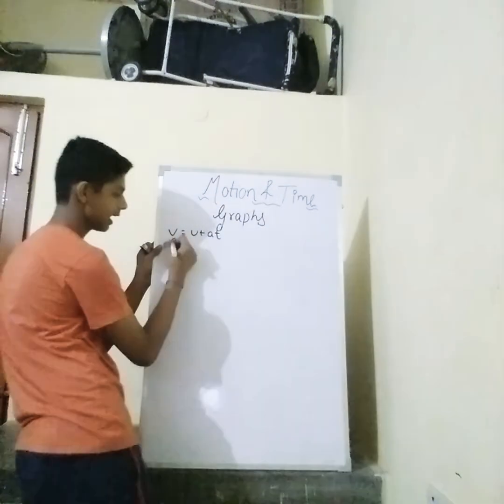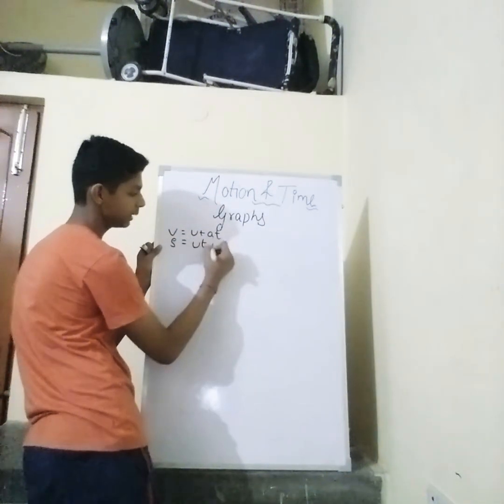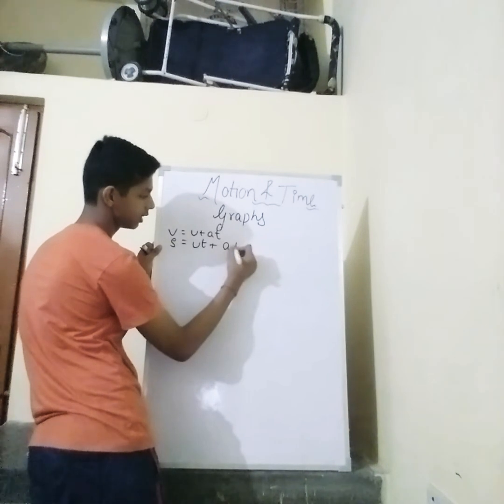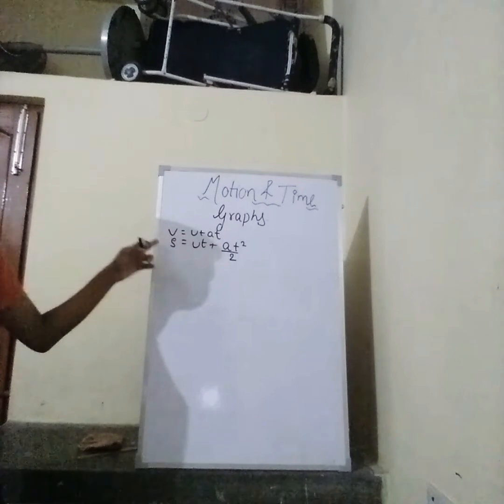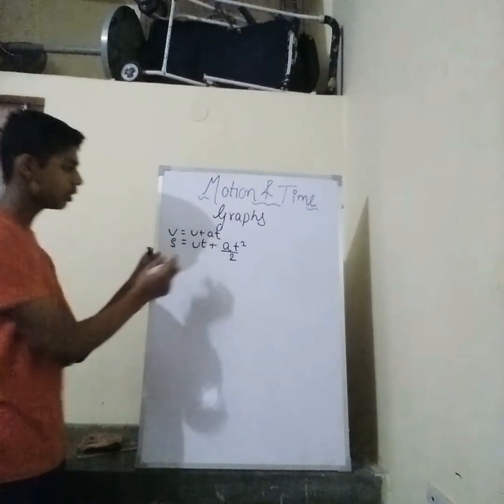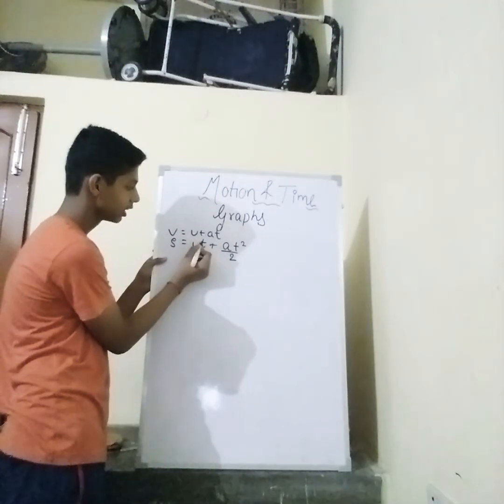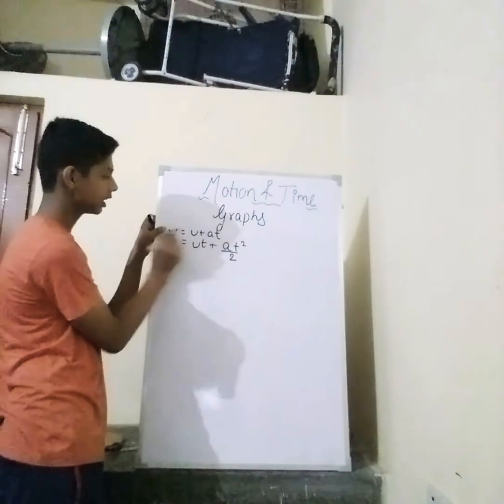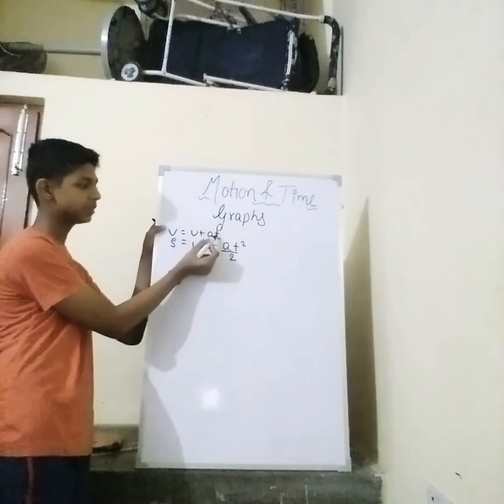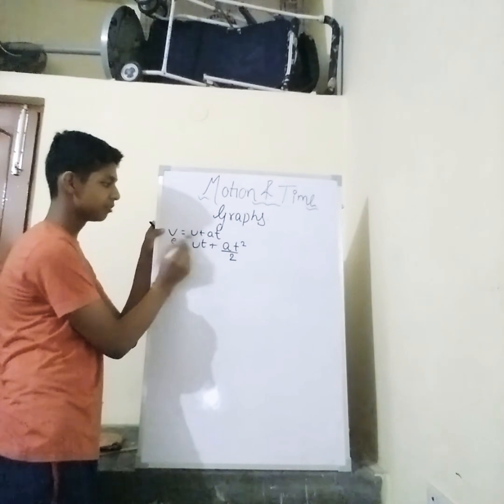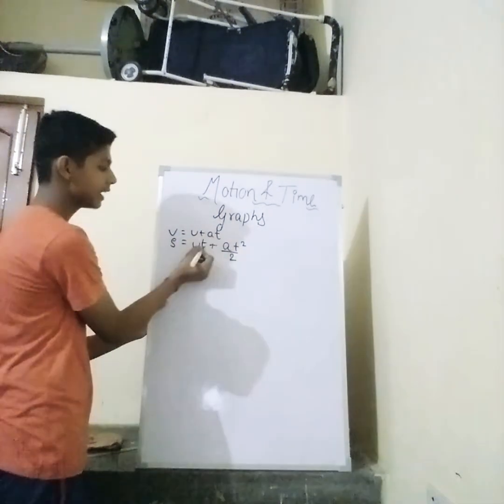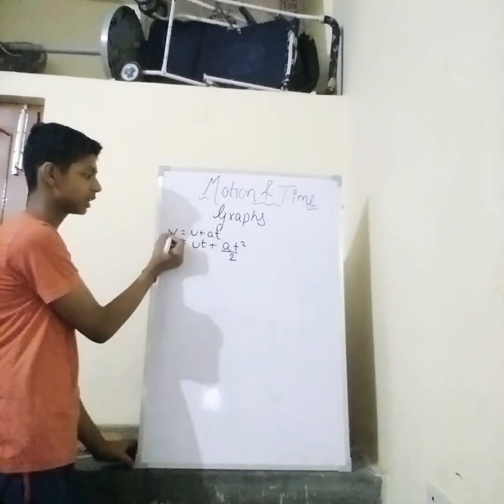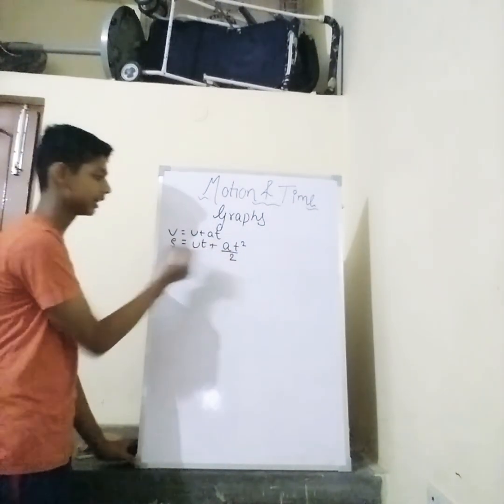Okay, and the second is ut plus at square by 2. Now, from the first equation we can find the value of time, t is equal to v minus u by a.